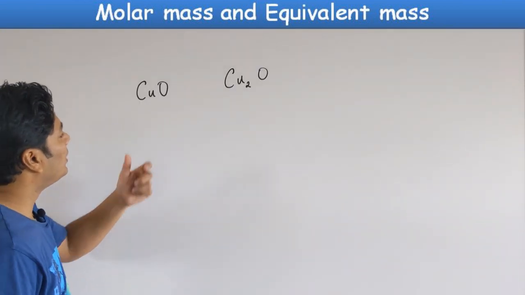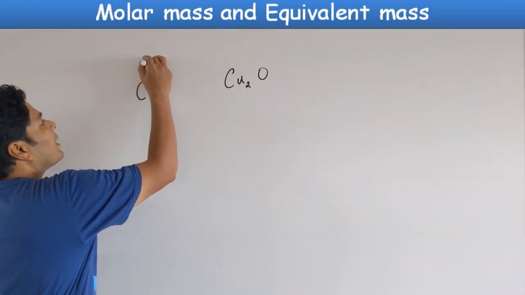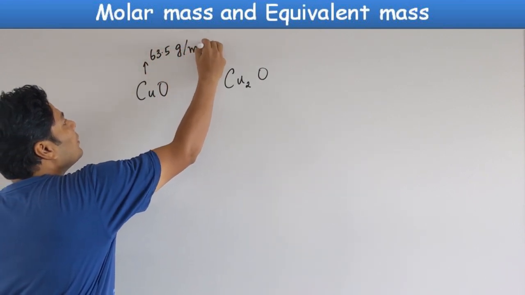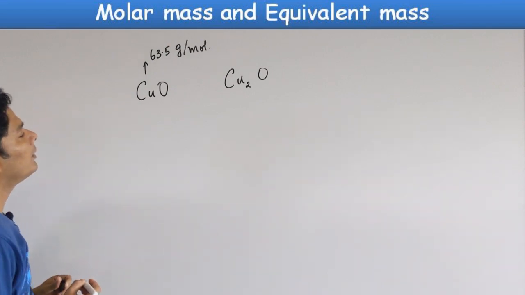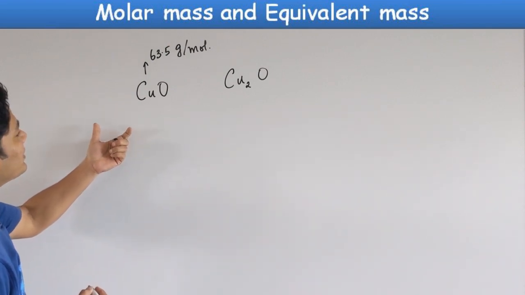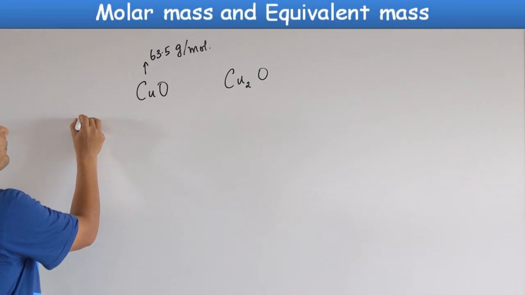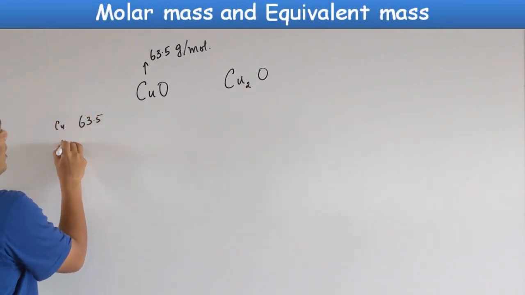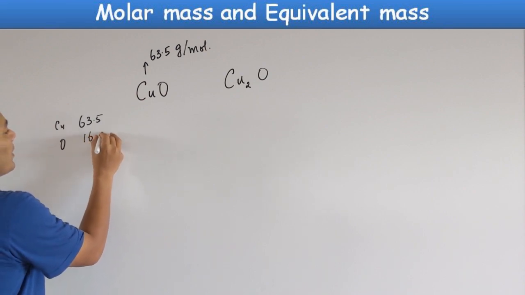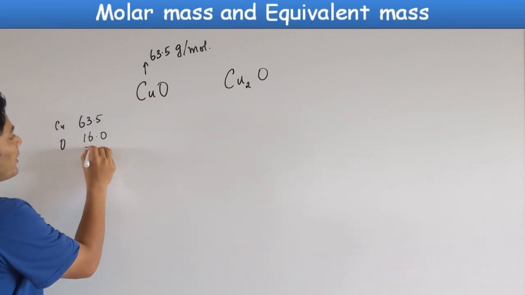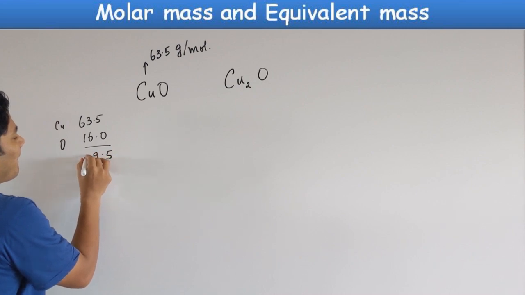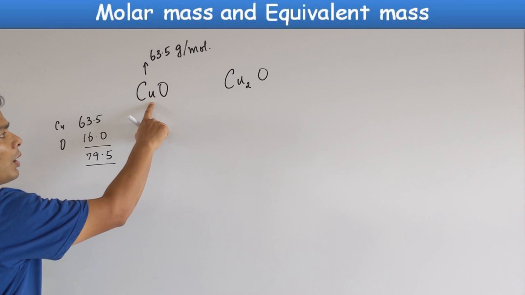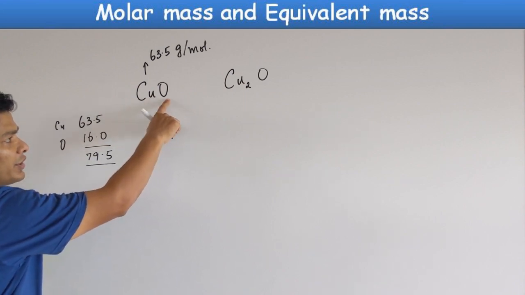If you take copper, the atomic mass of copper is 63.5 gram per mole. Now we can just review what we just wrote. 63.5 is that of copper, oxygen is 16.0, so 79.5 will be the molar mass of copper with oxygen, CuO.